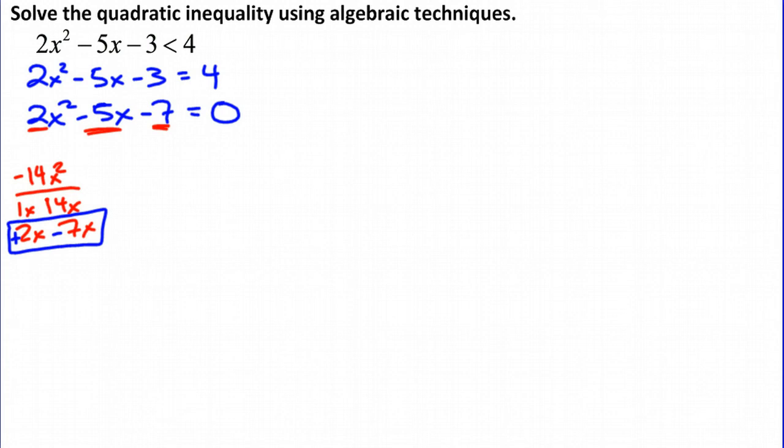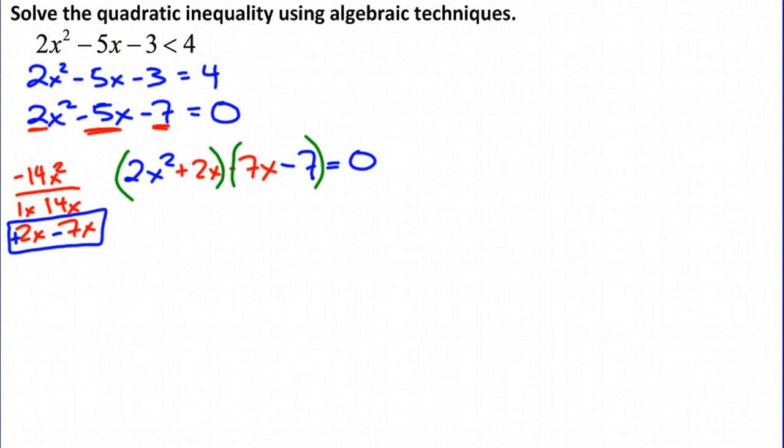So we've got 2x squared, and then I'll put in plus 2x and minus 7x, and then we're going to put in minus 7, and then we'll begin to group. I'll cover up my minus sign there, hopefully you know that's there. And we begin to take things out.